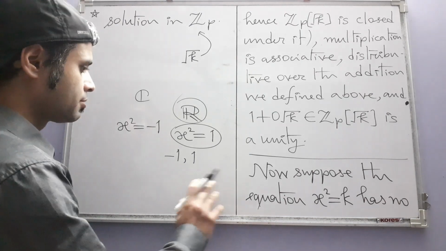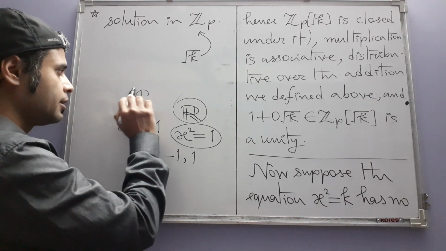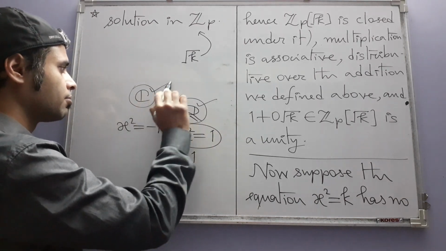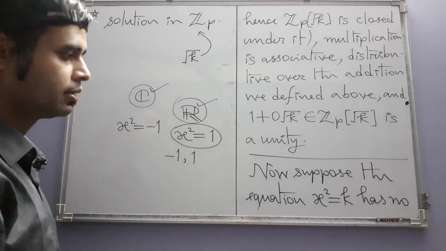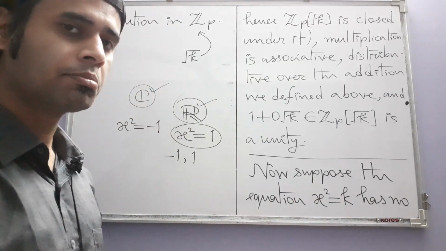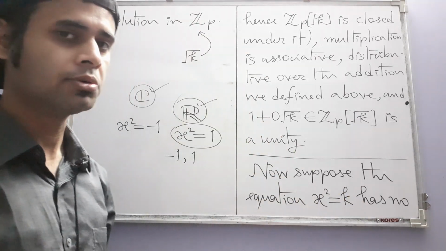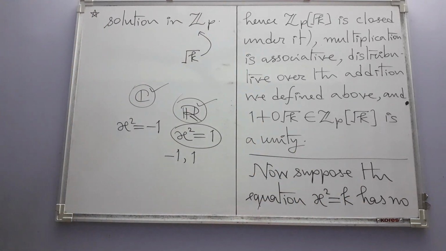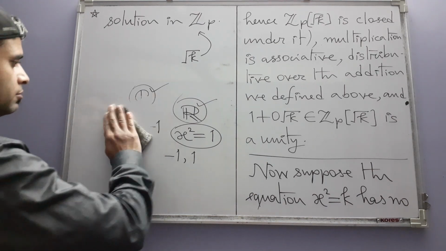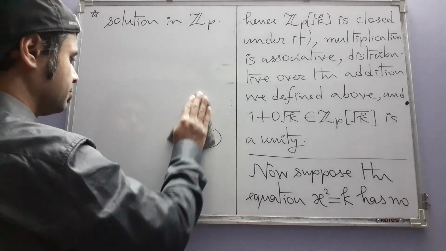Okay, so the situation is like that here. Instead of this real field or complex field, we have this finite field. In this finite field, say this equation has no solution, which just simply means that there is no element x in Z_p whose square is equal to k. So this is our condition.